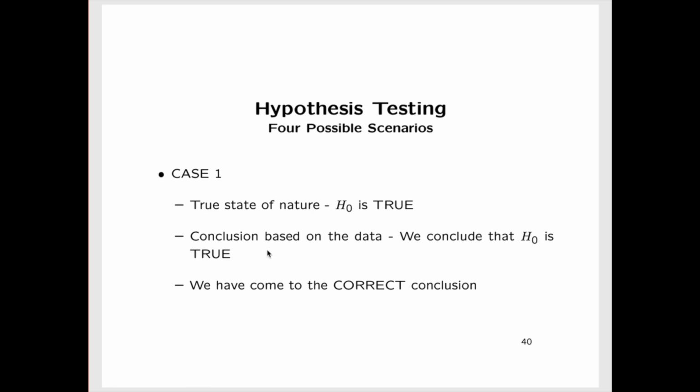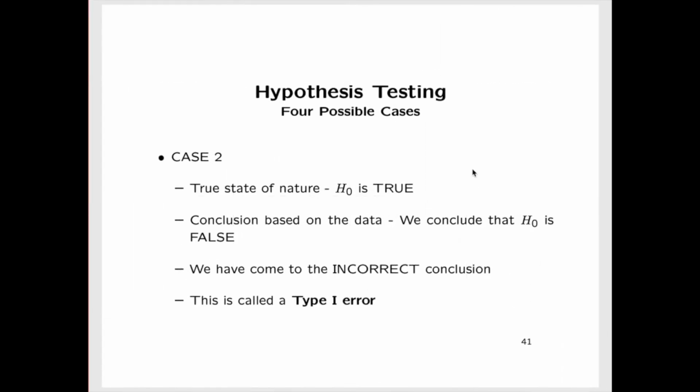In other words, we fail to reject the null hypothesis. In this situation, we have come to the correct conclusion, haven't we? Because the null hypothesis is true, and we've concluded that it's true, or another way to say that, we have failed to reject that null hypothesis.